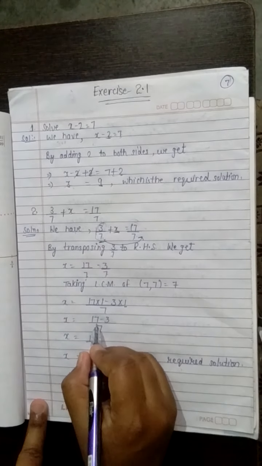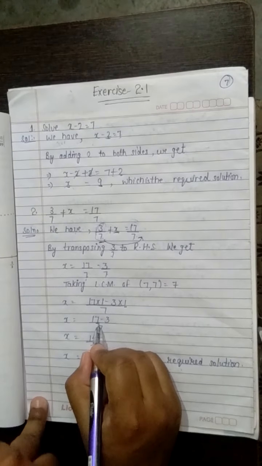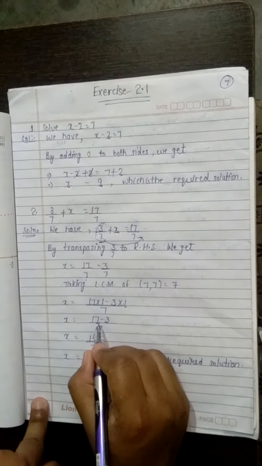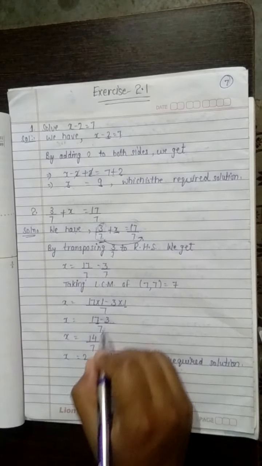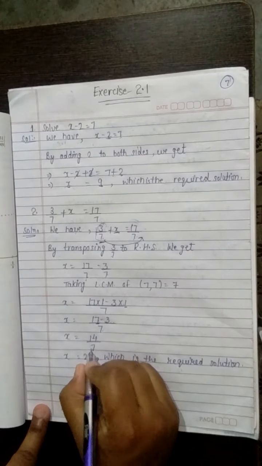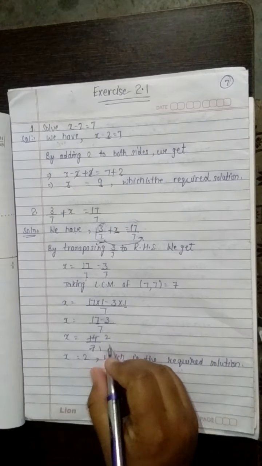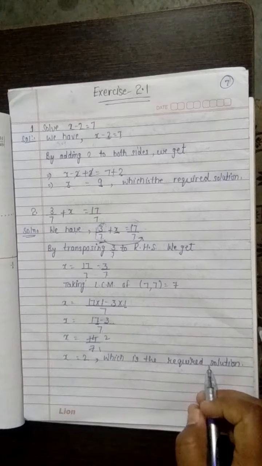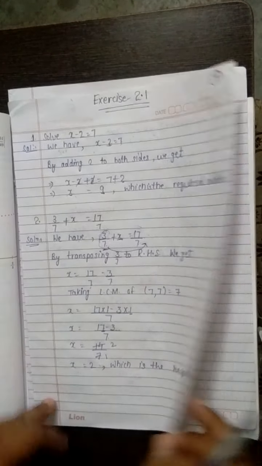That is 17 into 1 is equal to 17, 3 into 1 is equal to 3 upon 7. Now 17 minus 3 is equal to 14 upon 7. Now 7 1s are 7, 7 2s are 14. x is equal to 2, which is the required solution. Means the value of x is 2.